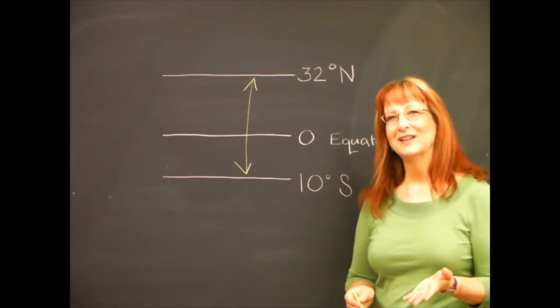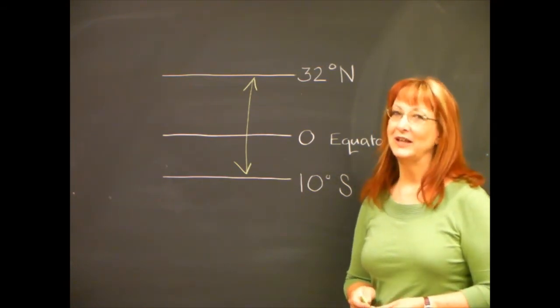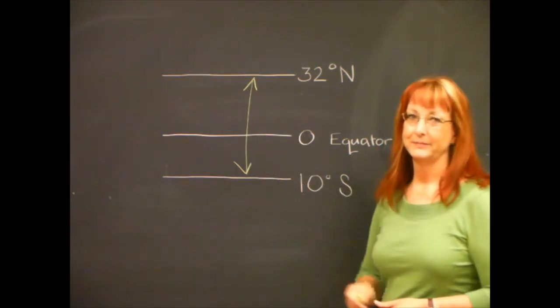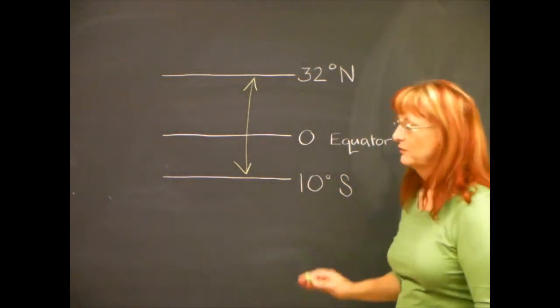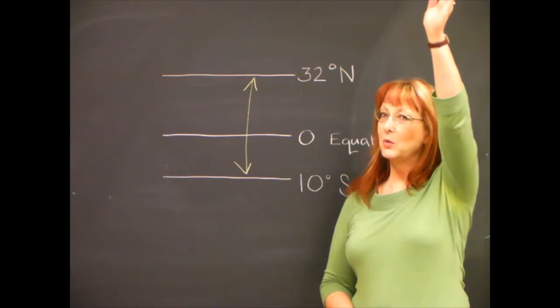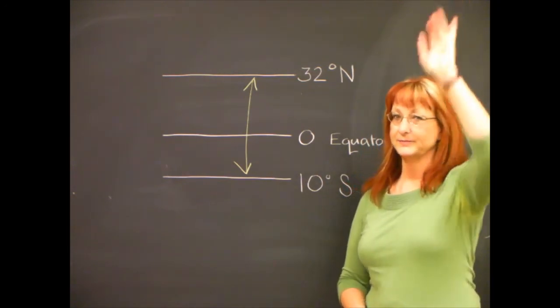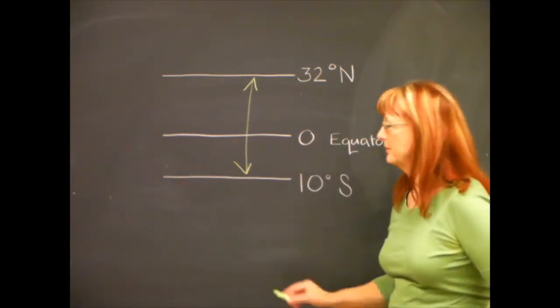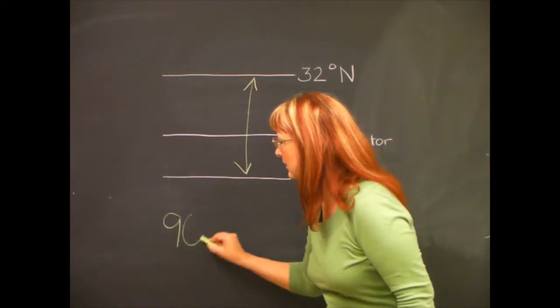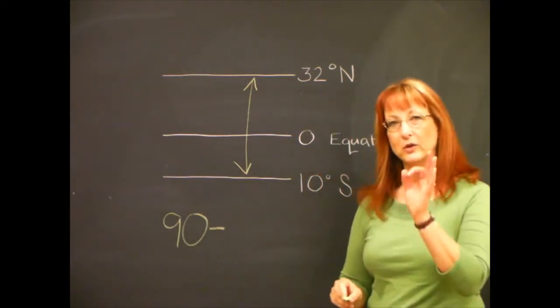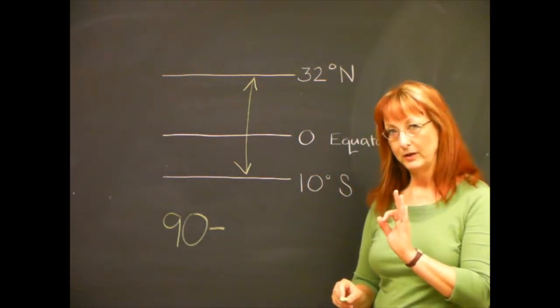It's a simple calculation to figure out what your noon sun angle is at this point. How do we do that? Well, first, the sun can never be more than directly overhead. Second, you are always going to subtract from that point.